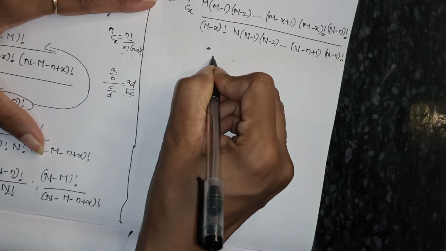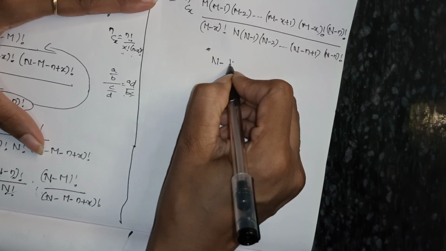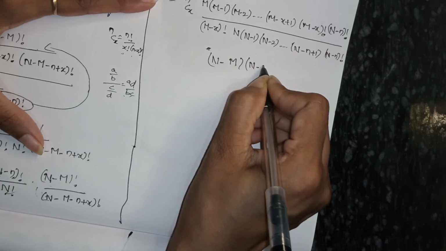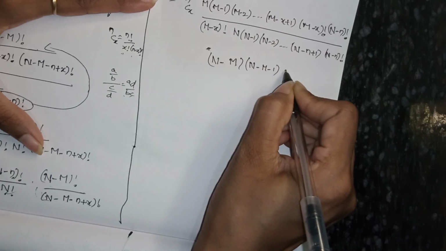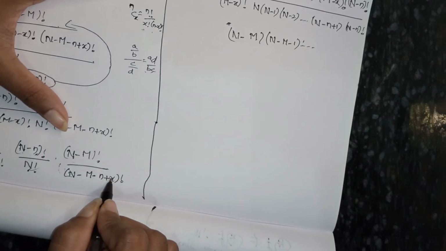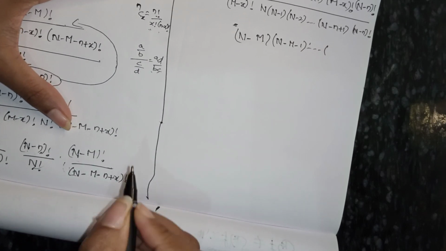So n minus m into n minus m minus 1 into and so on. At last what we want is this one. That means before this step what we'll have? X plus 1 we'll have.